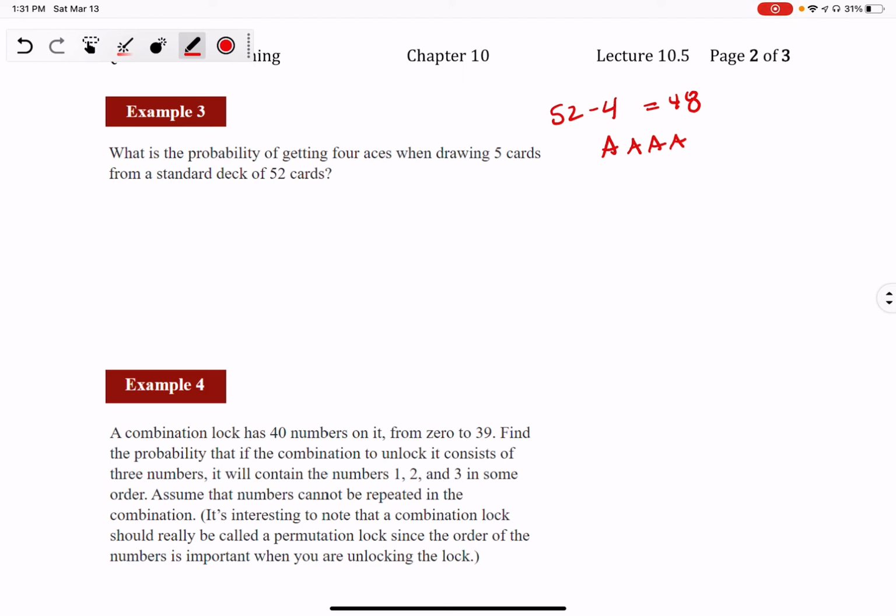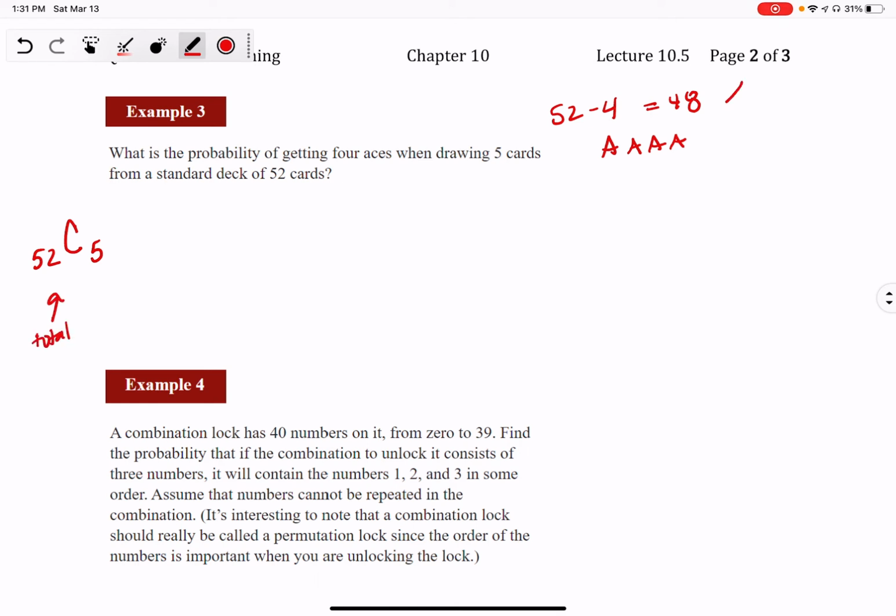Order doesn't matter again, so the total number of 5-card hands is a combination problem where we will have 52 as our total, and we want 5 at a time. So this is how we're going to find our total, our denominator.